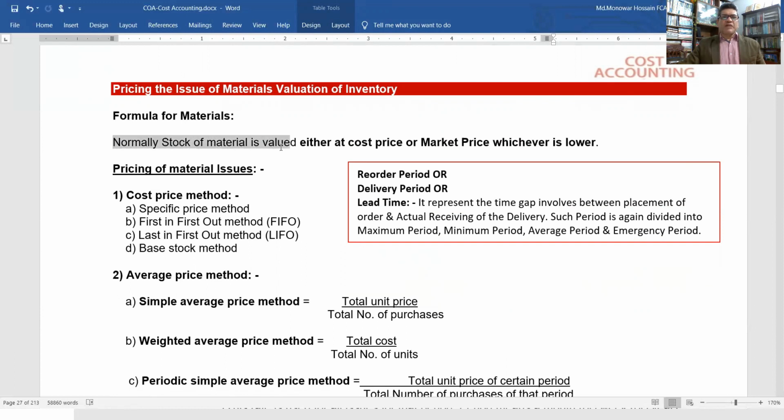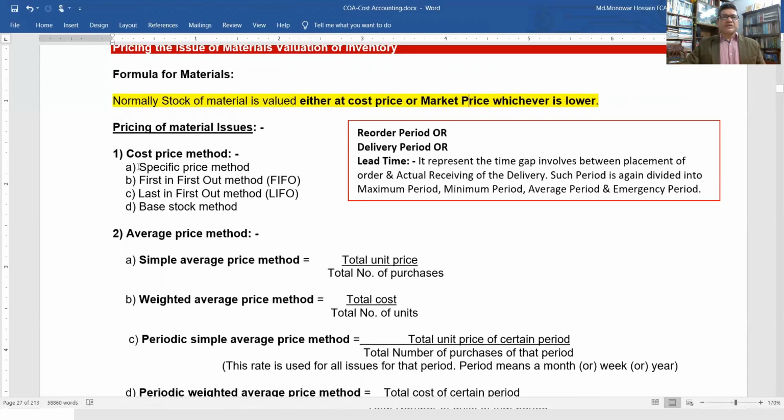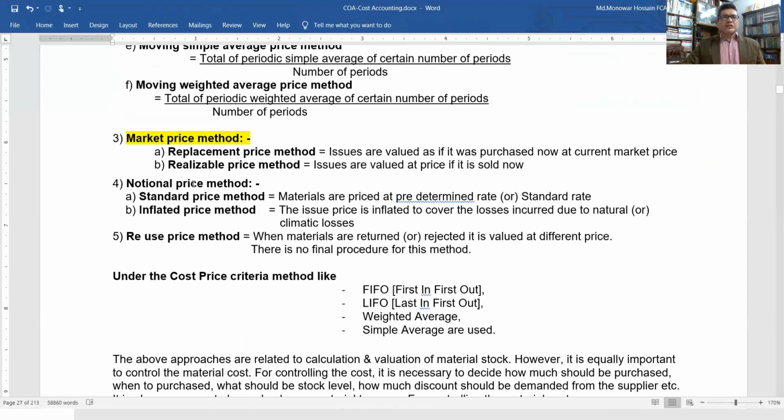Normally, a stock of material is valued either at cost price or market price, whichever is lower. So the pricing issue can be the cost price method, average price method, market price method, notional price method, or reuse price method.